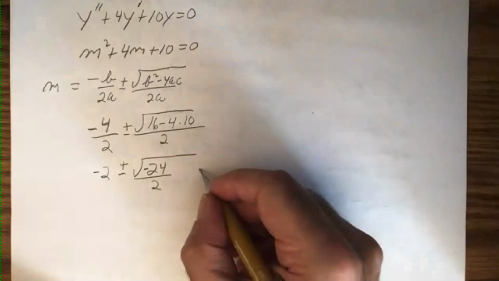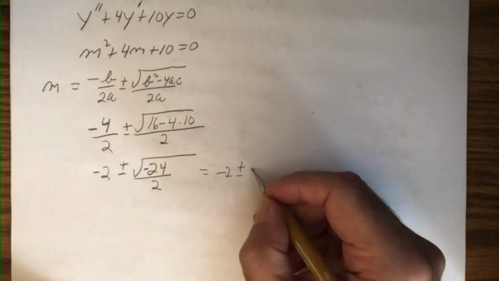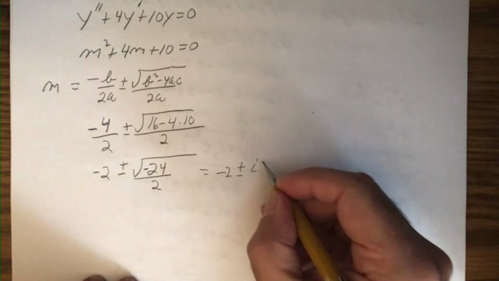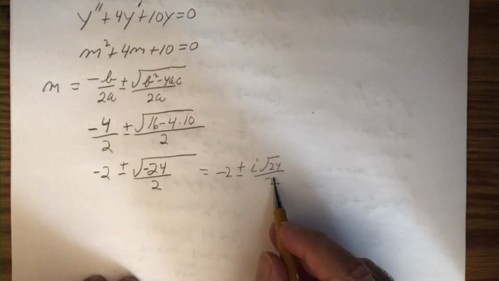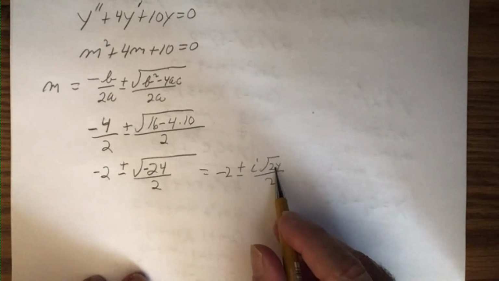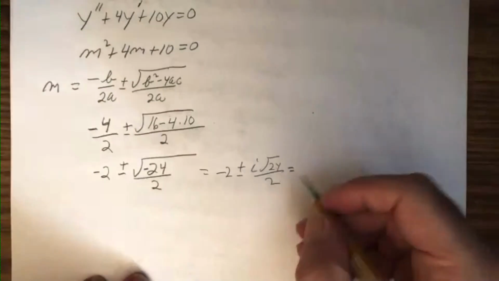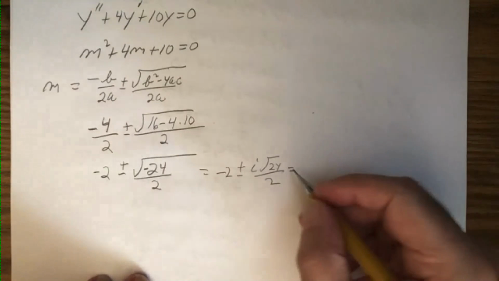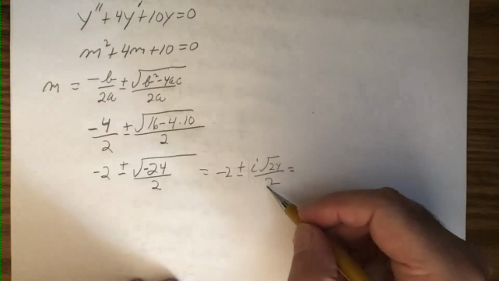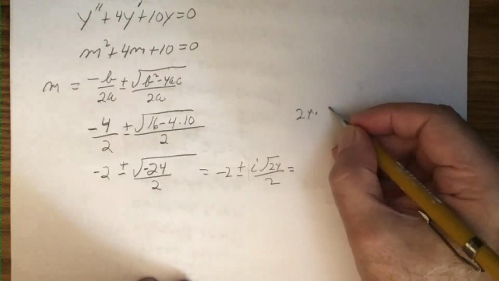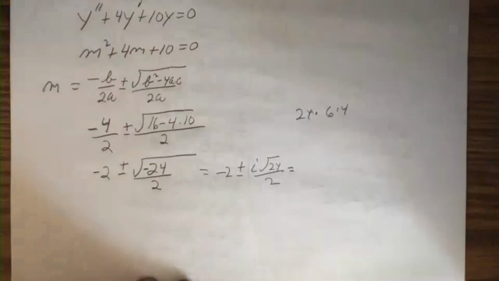So then I could write this as minus 2 plus or minus the square root of negative 24, divided by 2. And I guess I could simplify this. You should, though if you left it like this on an exam, I wouldn't have a problem. But 24 can be factored into 6 times 4, right?